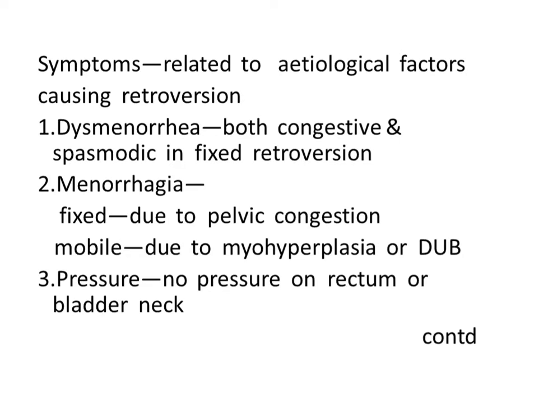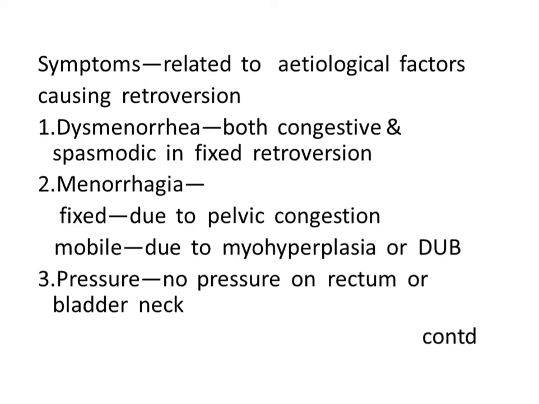Or say a polyp is there, a submucous myoma which has become a polyp, and the uterus is trying to expel it. So all this, because of the contraction of the uterus, is spasmodic dysmenorrhea. So both these types of dysmenorrhea are seen in retroversion, and particularly in the fixed retroversion.